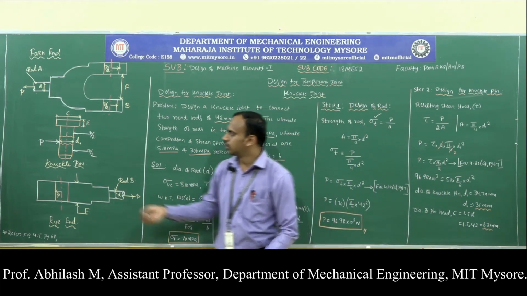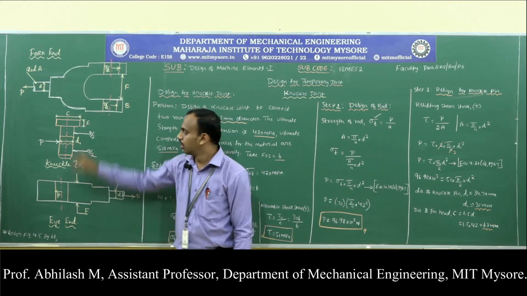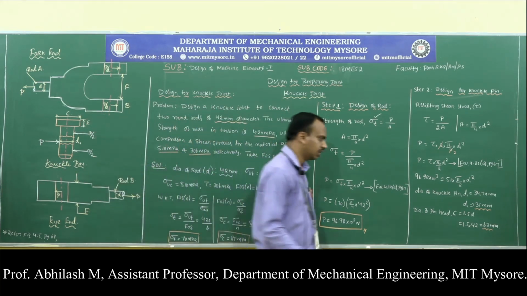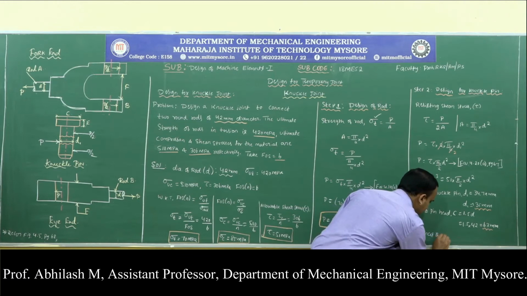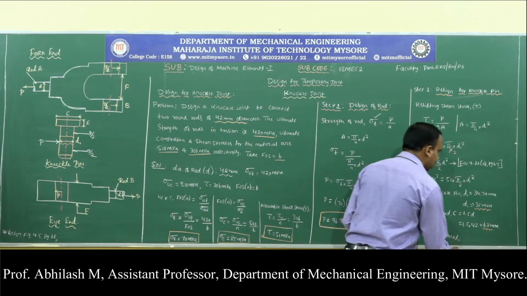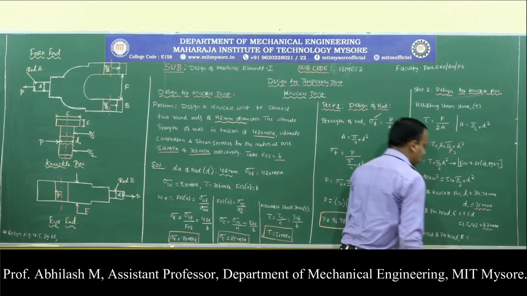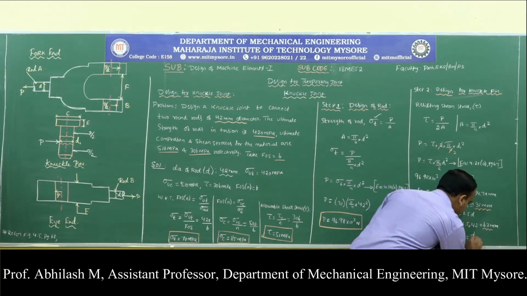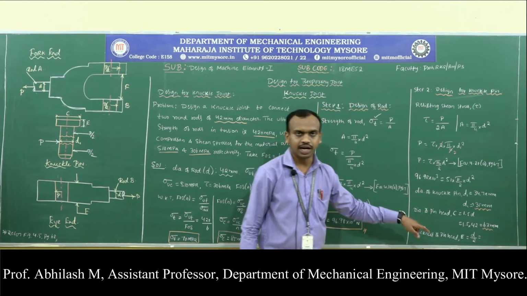Then we are also supposed to calculate the thickness of the pin head, denoted by the term E. The thickness of the pin head E is given by D divided by 2, and this expression is available in the data handbook.